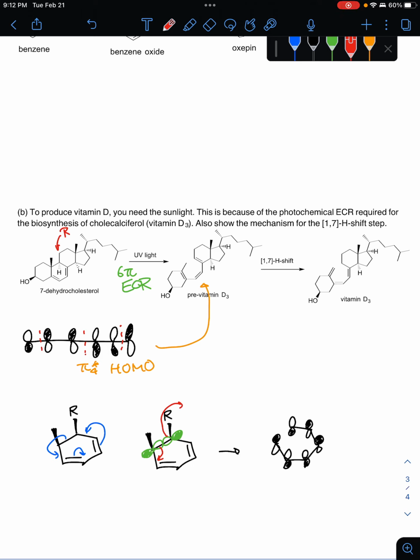To get the white lobe of the orbital right there, and then for the other one, the white lobe of the orbital right there, right? So this is going to be conrotatory. Right, at the right chiral center, the p orbital is rotating towards the right, and then same with the other chiral center. So that's a conrotatory process.